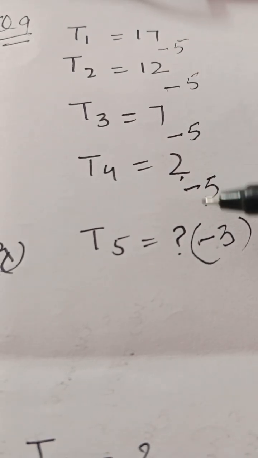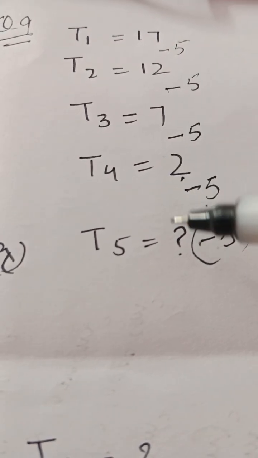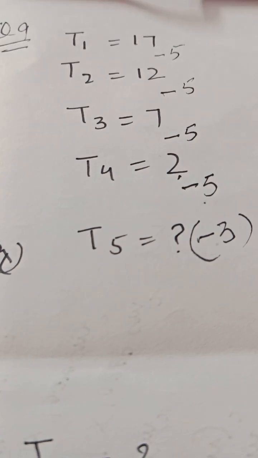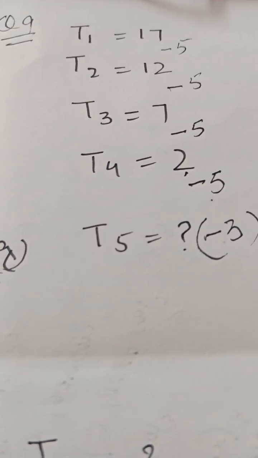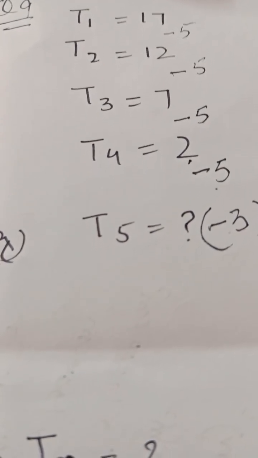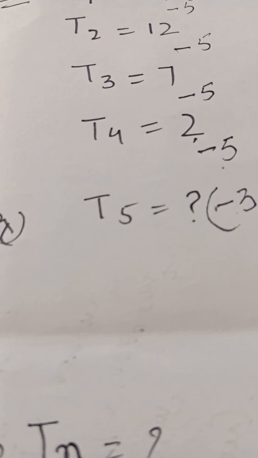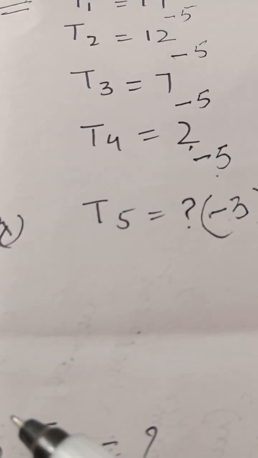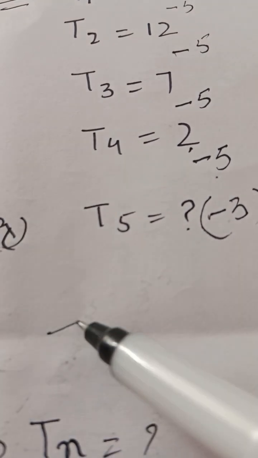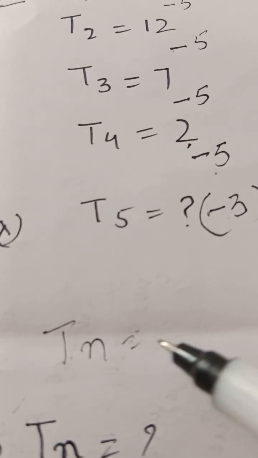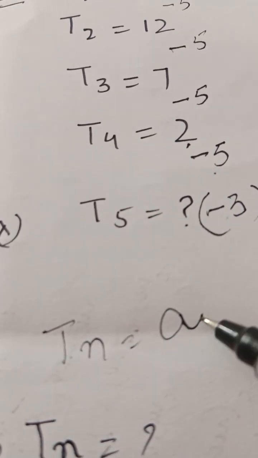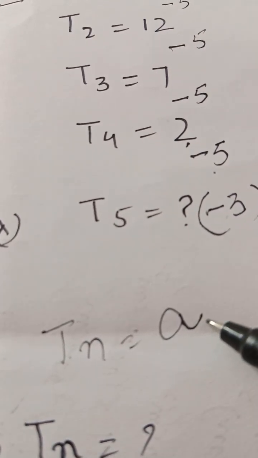As we have a common difference in all terms, so it is an arithmetic series. And if we want to find the nth term of the arithmetic series, we will apply the formula Tn is equal to A1 or T1.